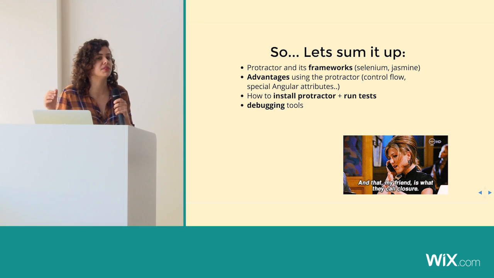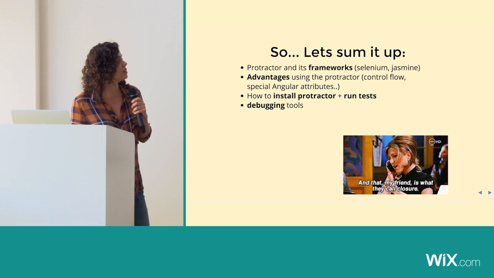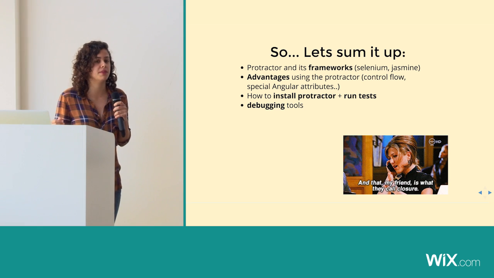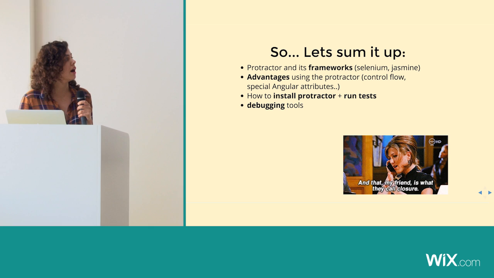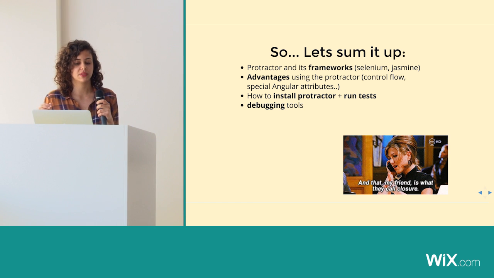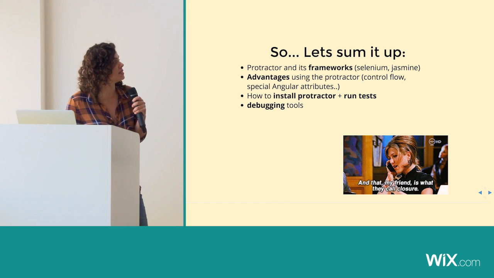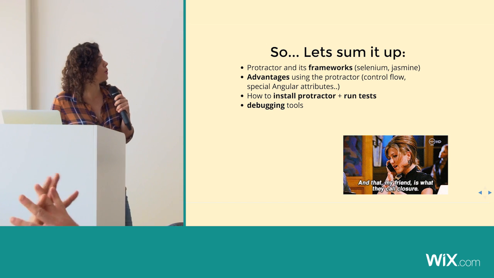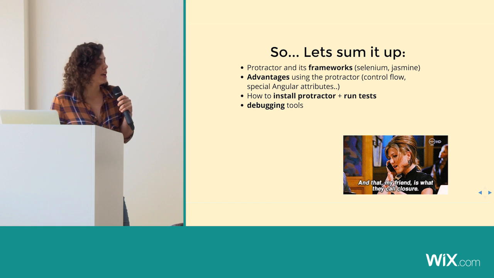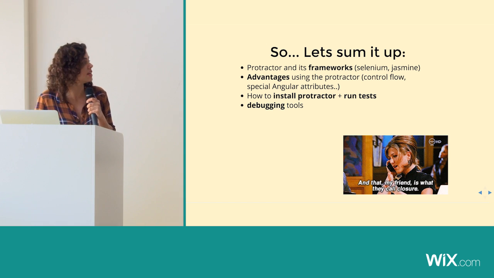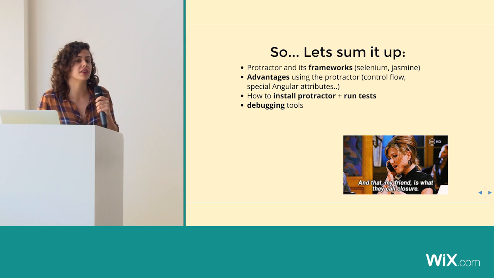We talked about some advantages of using Protractor, the control flow that helps us manage the timing in our project and helps us not use unnecessary waits and sleeps. We saw how to install Protractor, how to use it to run tests, and some debugging tools to help us debug our code.